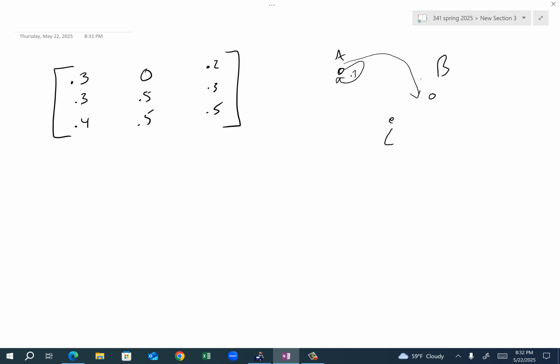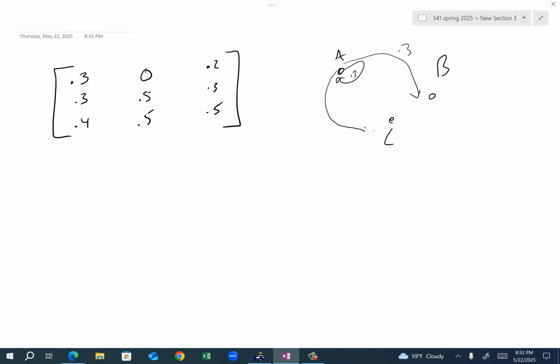0.3, 0.3, 0.4, 0, 0.5, 0.5, 0.2, 0.3, 0.5. Notice, again, first of all, it has to be a square matrix. Why? Well, for one thing, you have 3 things, and then you can go 3 places from 3 things. We can go from A to B to C. From A to A is 0.3. A to B is 0.3.